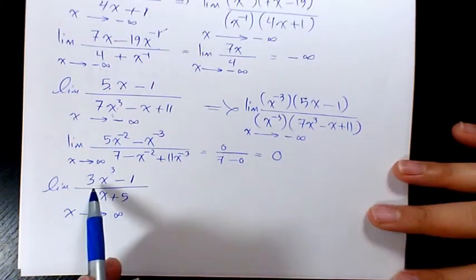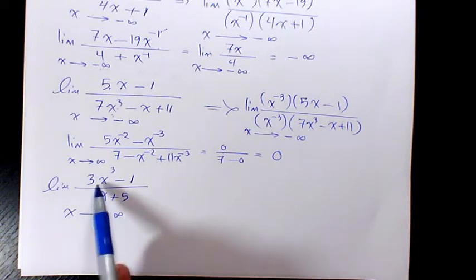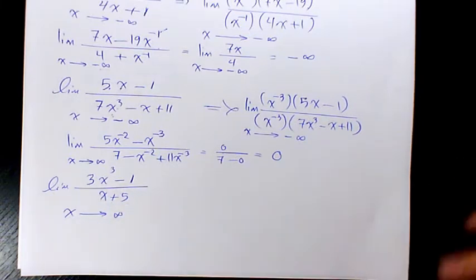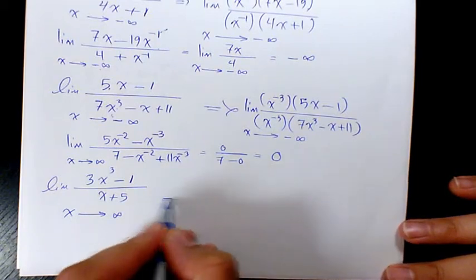Next one, the limit of 3x cubed minus 1 over x plus 5 when x is approaching infinity. As you see here, the order of the numerator is 3 and the order of the denominator is 1. So since the order of the numerator is greater than the order of the denominator, when x is approaching infinity, the whole limit is going to be infinity. Let's check.